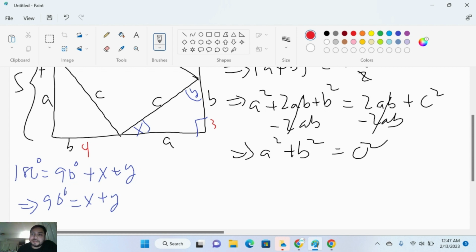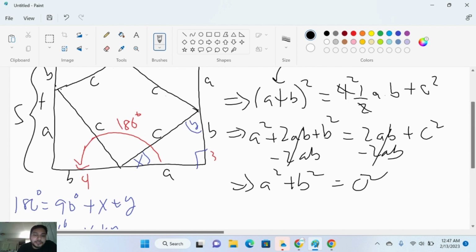Now, if we look at this over here, this whole arc length should be 180 degrees. Well, if that's 180 degrees, and we know that this is X here, then this angle over here... Sorry, I said that wrong.